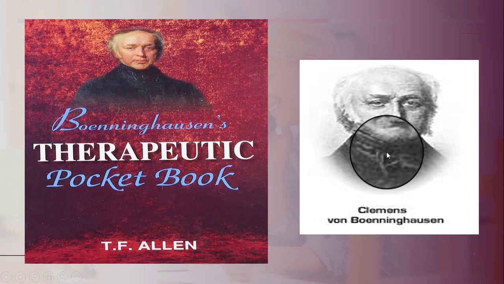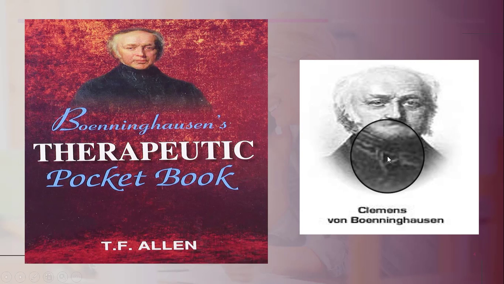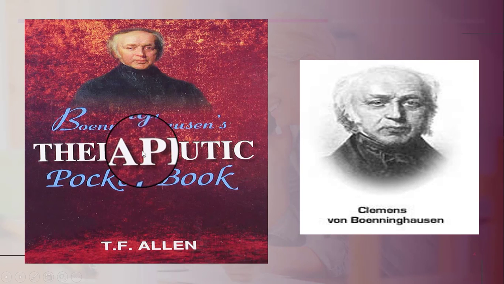In 1832, he gave the repertory of antipsoric remedies, and his second repertory was the repertory of medicines which are not antipsoric. And lastly, after 10 years, he published this, that is Bonning-Hassan's Therapeutic Pocket Book.